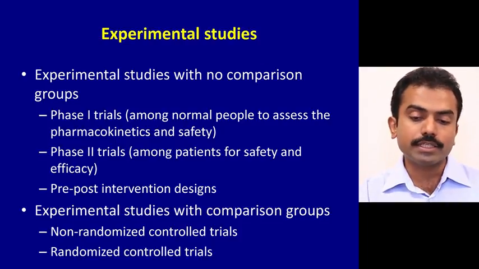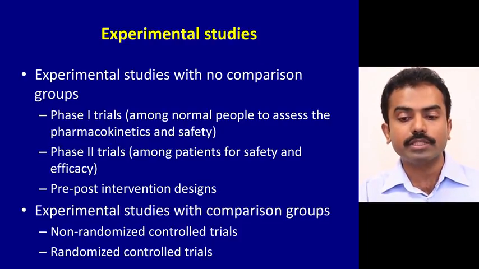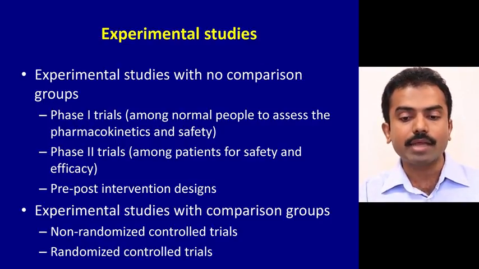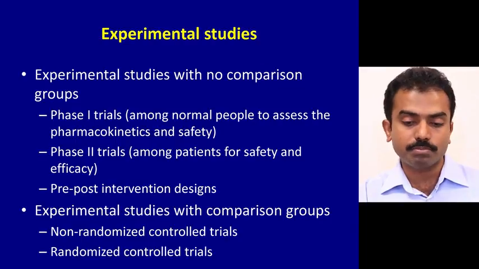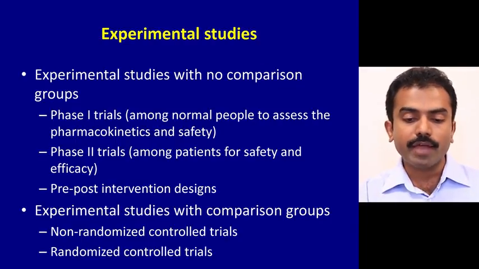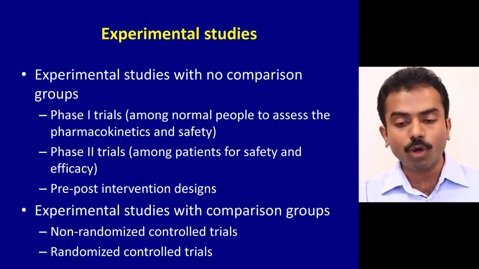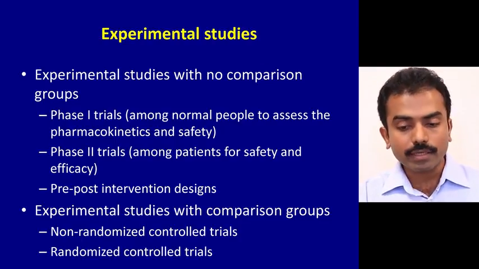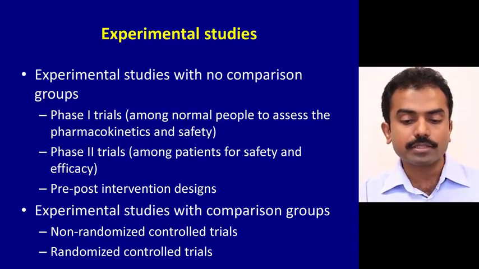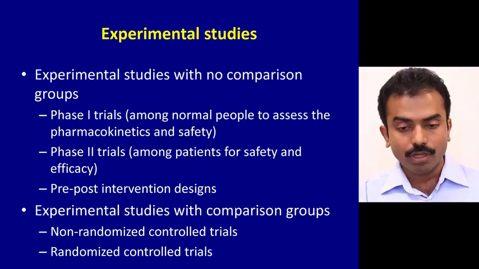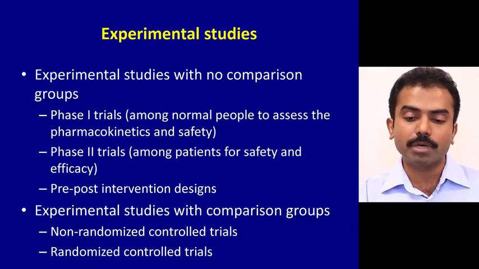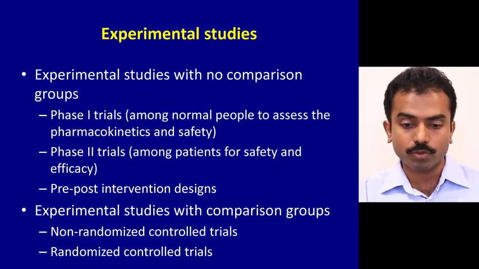Phase 1 trials are essentially among normal volunteers when the purpose is to assess pharmacokinetics and safety of the drug that is being administered. In phase 2 trials, instead of normal volunteers, you take patients for whom this drug is designed, and then again you are looking for safety data, pharmacokinetics, and efficacy data. So these are examples where you have experimental designs, but there are no explicit comparison groups.